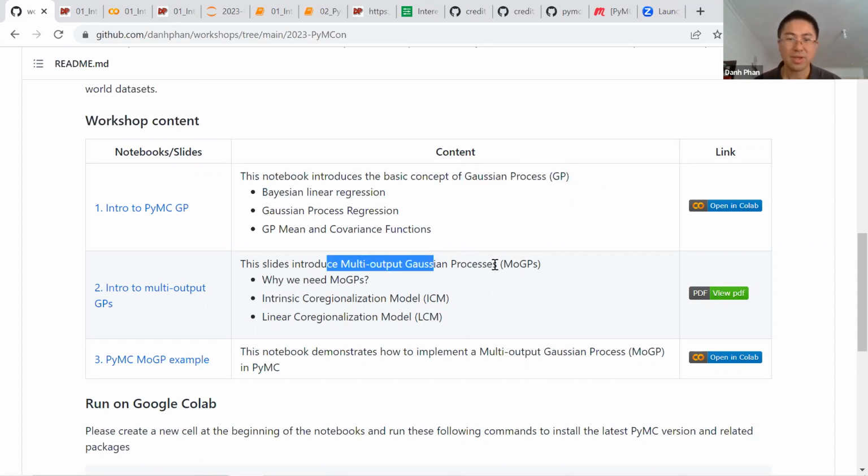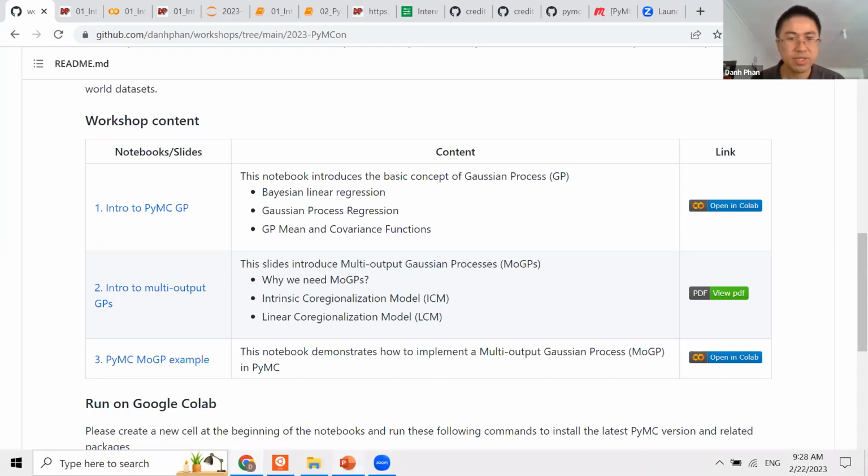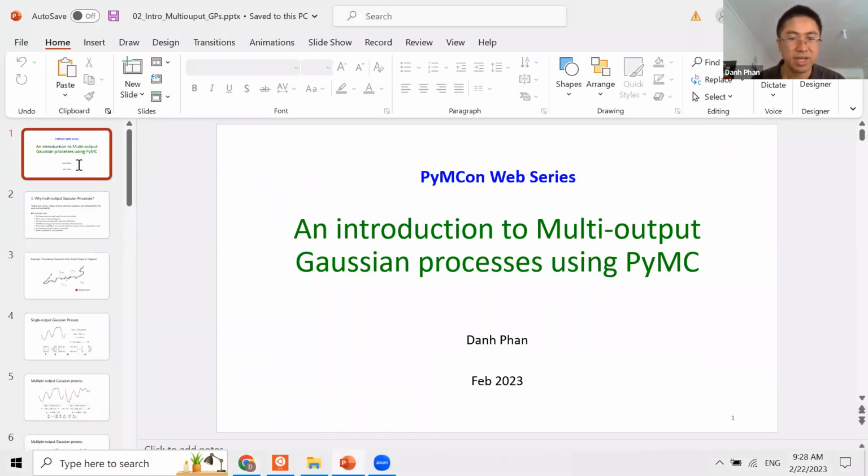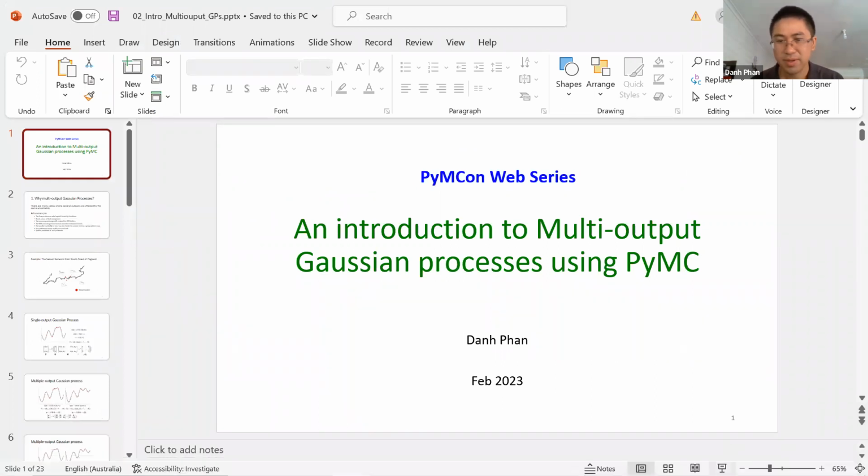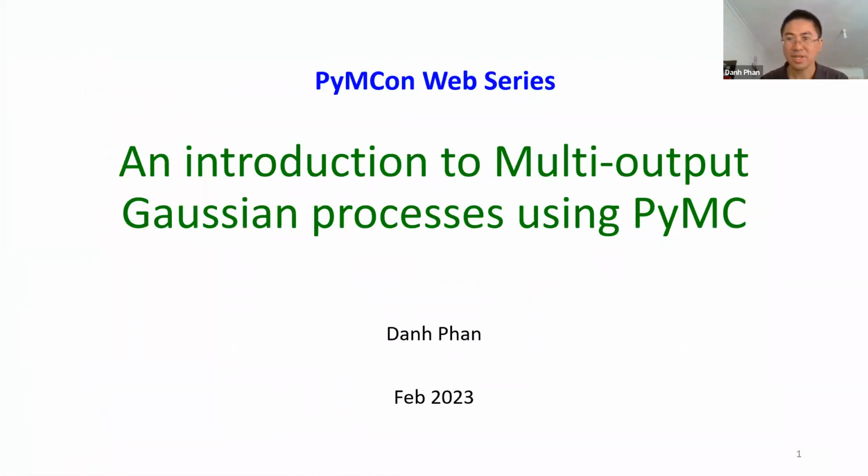But now we move to two or more data sets that maybe have the same uncertainty. So let me move to this PowerPoint slide because there are quite a lot of equations. I will try to go through the equations quickly and show more code, but we also need some equations to explain Gaussian processes and their multi-output version.